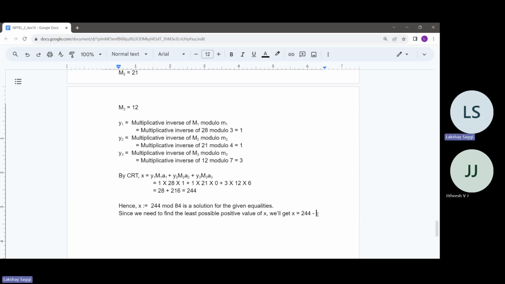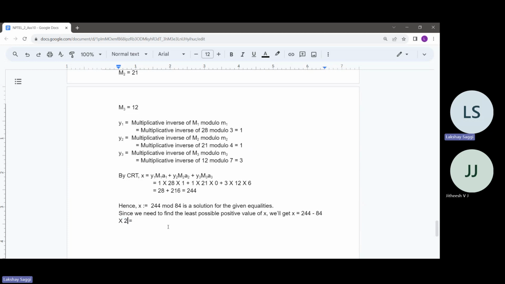You can easily check this yourself. The number will be something like 84 times 3. So we'll get 244 minus 84 times 3, and this 84 times 3 will be equal to 81. Okay, maybe it will be 84 times 2, not 84 times 3.